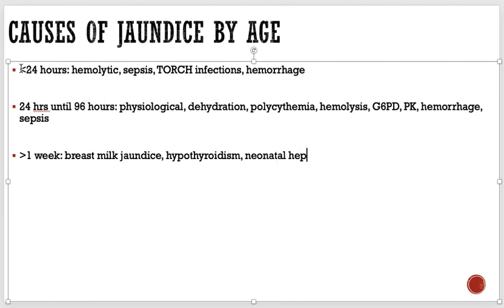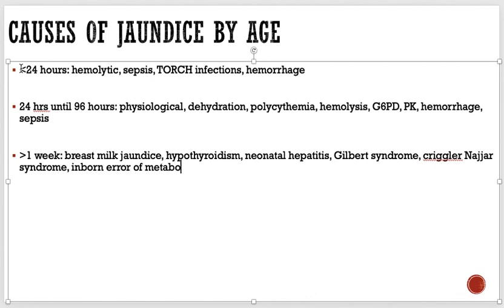Neonatal hepatitis can be the cause, as well as syndromes like Gilbert syndrome and Crigler-Najjar syndrome, or inborn error of metabolism. And think about biliary atresia or choledochal cyst, right?